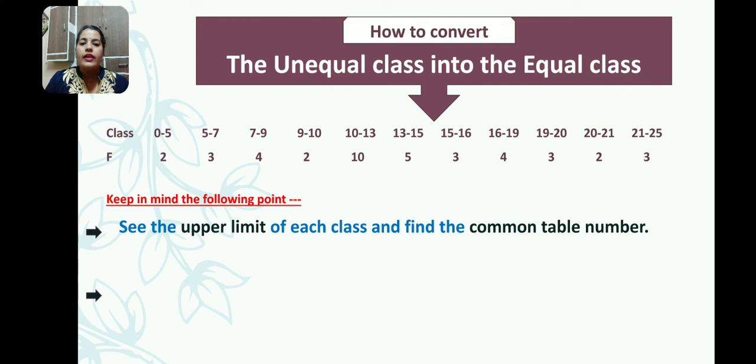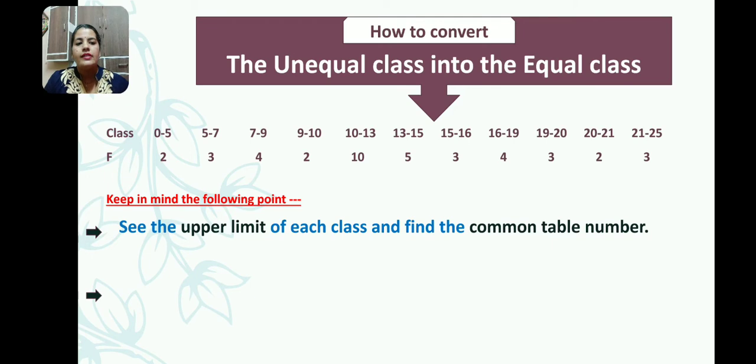If you want to make the difference of 4 in each class, then 4 should be in the upper limits, so 4 is also not here. Now if you want to make classes with the difference of 5, you can see the first class itself has the upper limit 5. Now you can make the classes with the difference of 5 here.